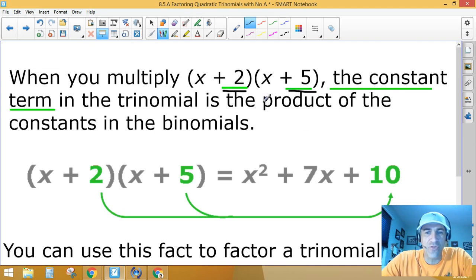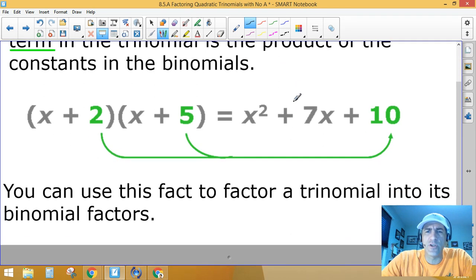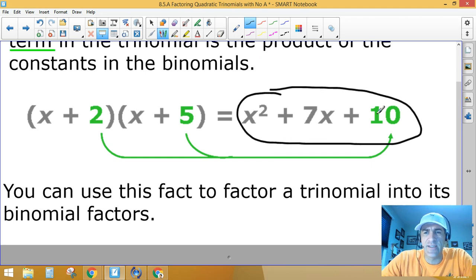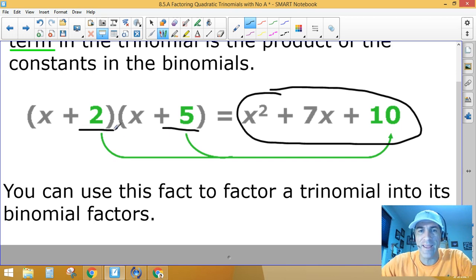So think about that. Work backwards. If you see this is a 10, what that means is the two numbers here have to multiply to get 10. So that limits the numbers that can go in our two binomials.